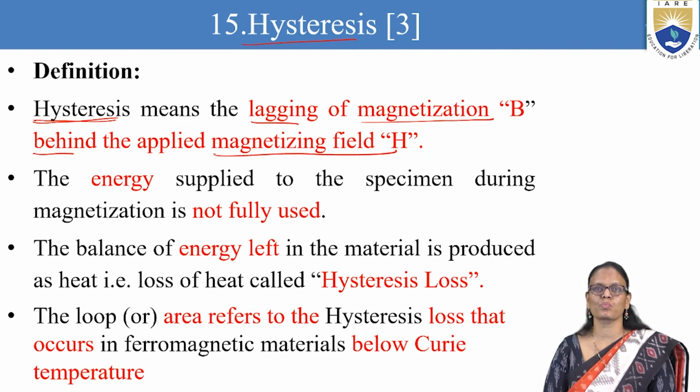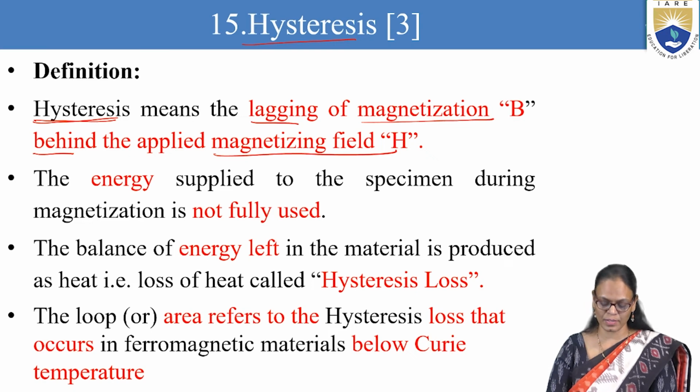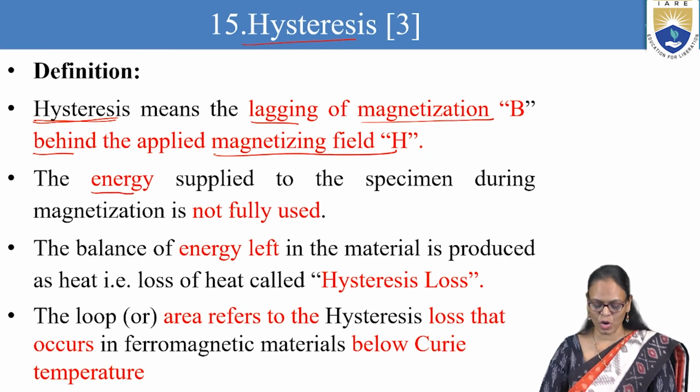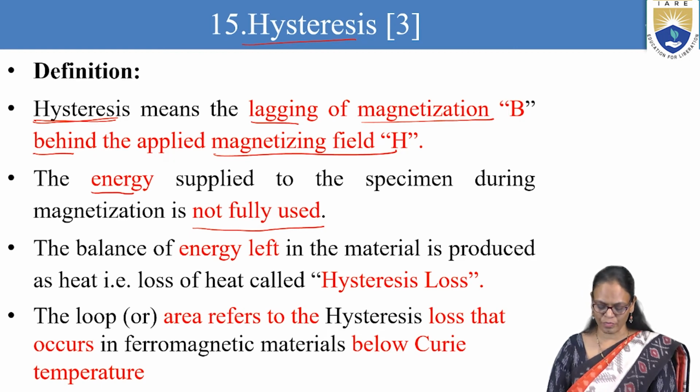Why is this lagging happening? The energy that we supply to the specimen is not fully used. Whatever is left is lost in the form of heat, and we call it hysteresis loss.